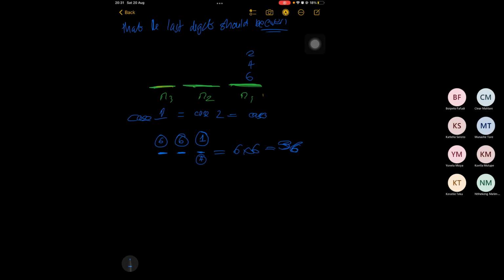If the question was, if repetitions are allowed, how many 3-digit even numbers can you obtain from the set, it was going to be 36 plus 36 plus 36, which is case 1 plus case 2 plus case 3, which is 36 times 3, so 108 cases.